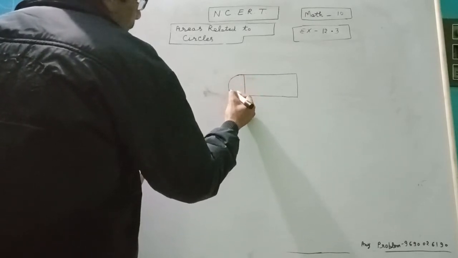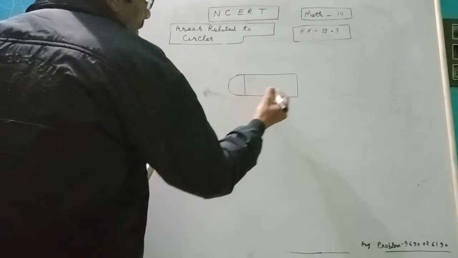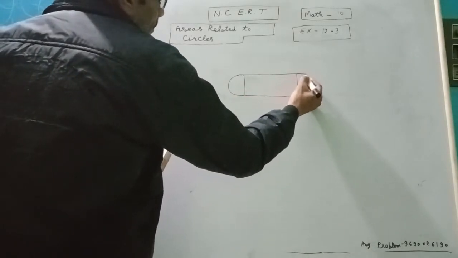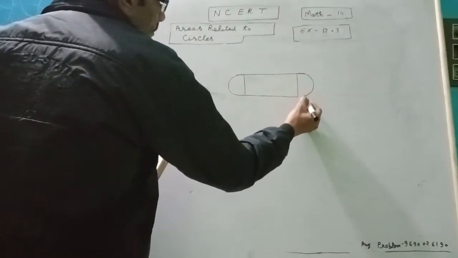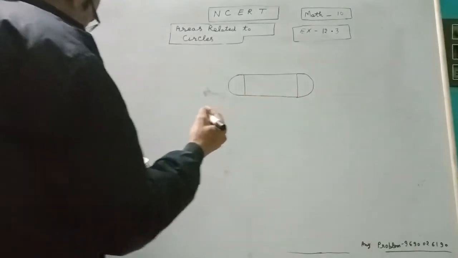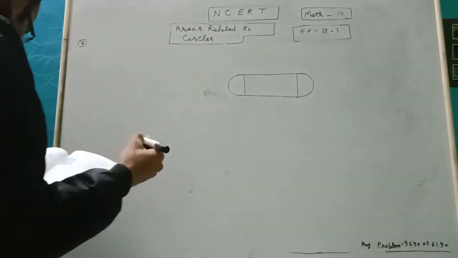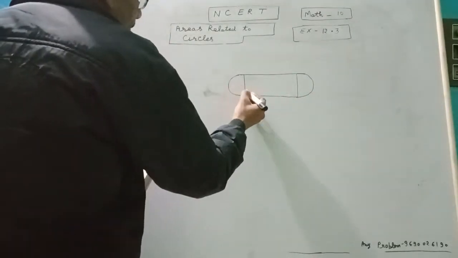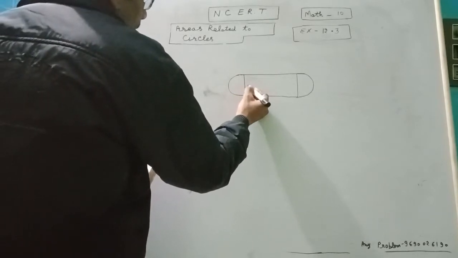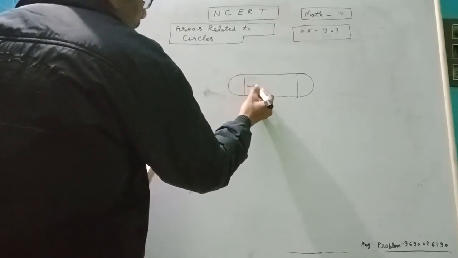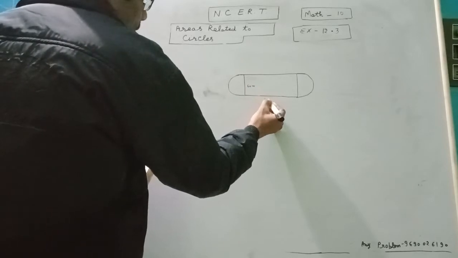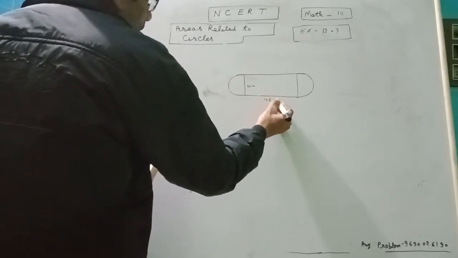Both ends are semicircles. The lengths are 60 meter and 106 meter.